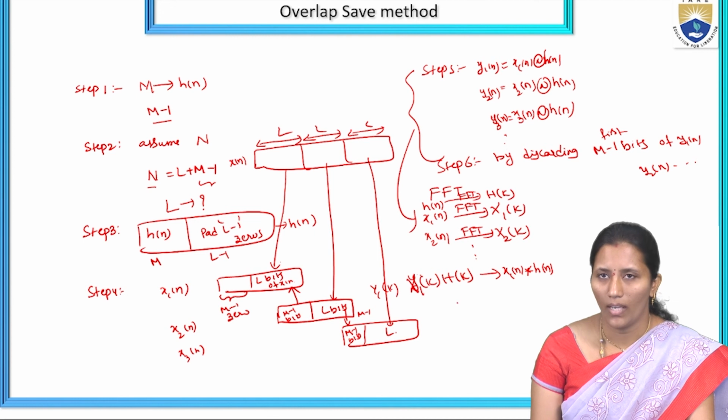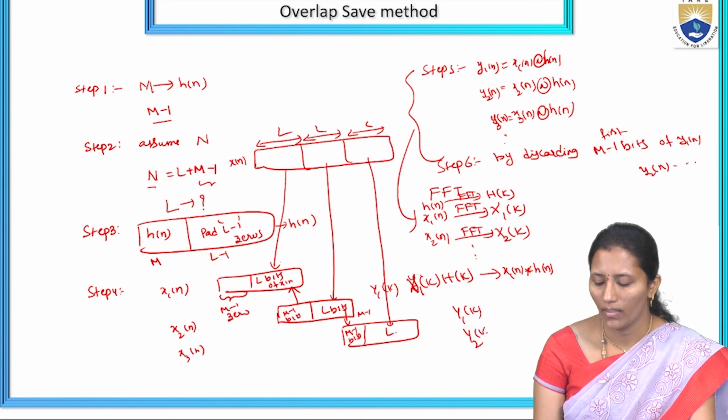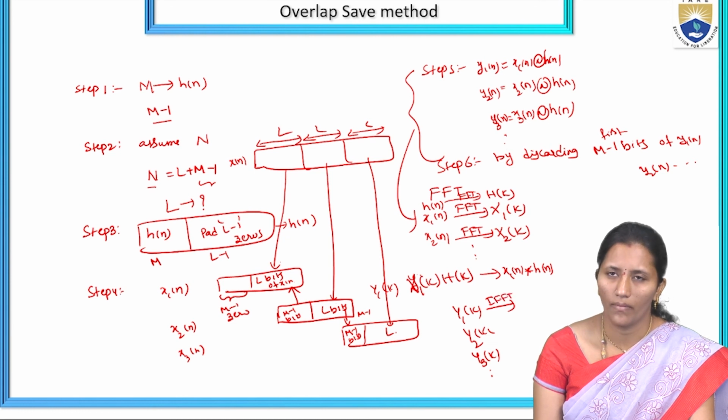Like that, we multiply each individual frequency domain segmented block with the frequency domain signal of the impulse response. We will get y1 of k, y2 of k, y3 of k, like that, and apply the inverse fast Fourier transform, which converts the frequency domain signal into a time domain signal.